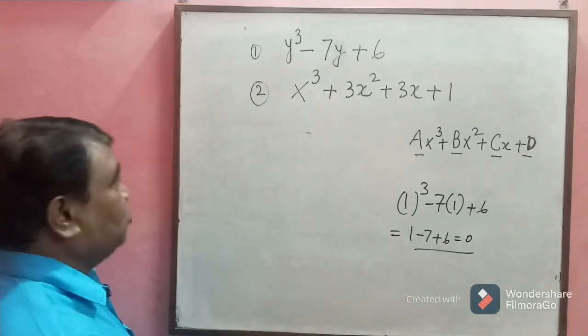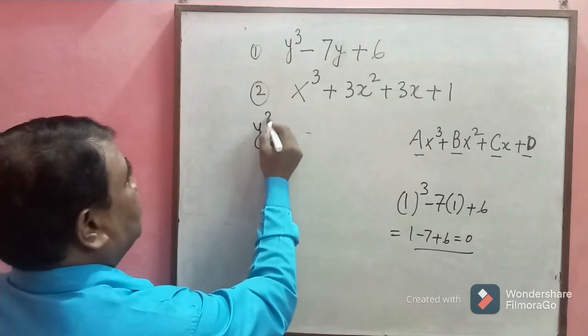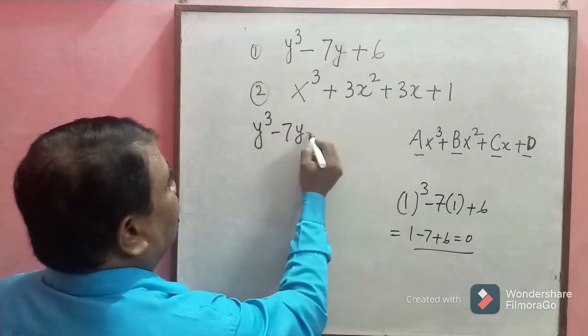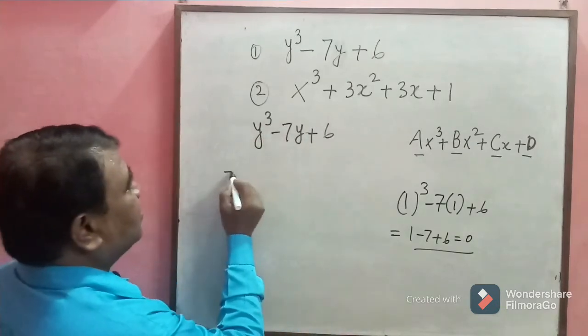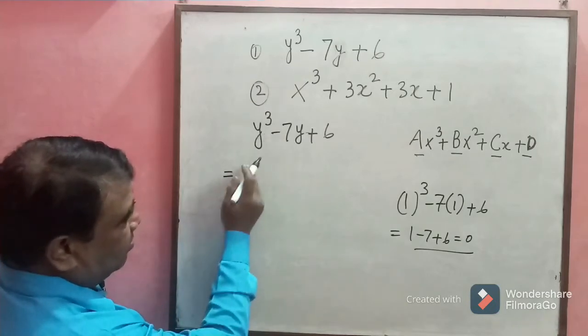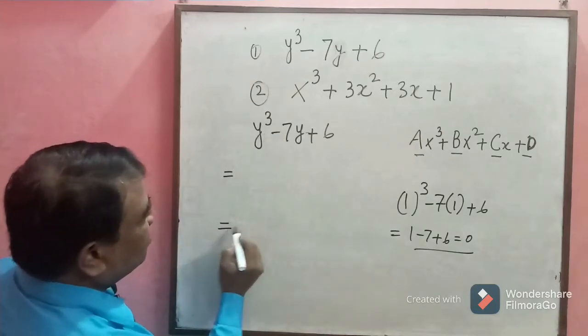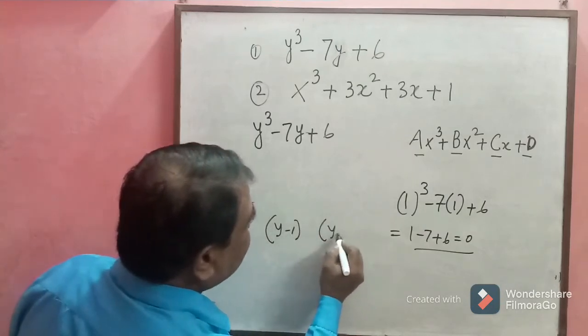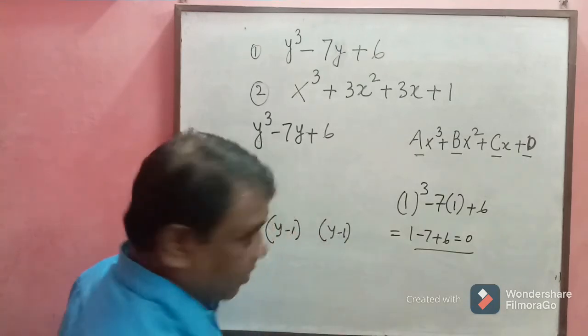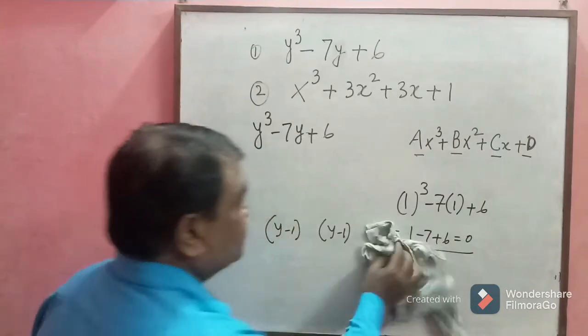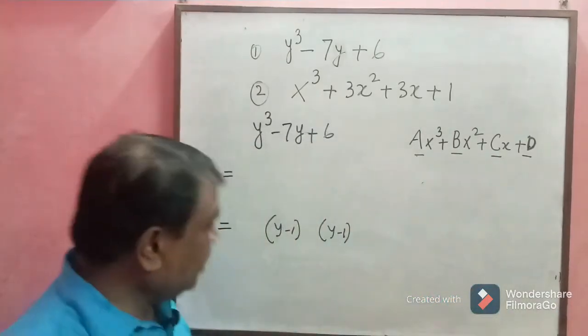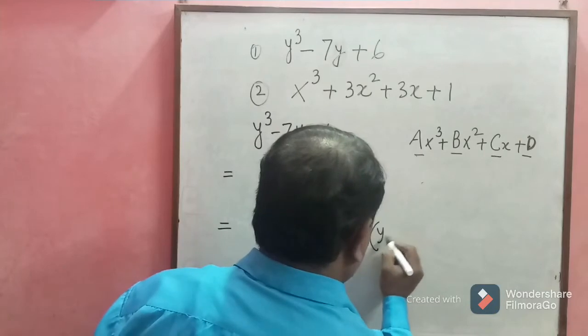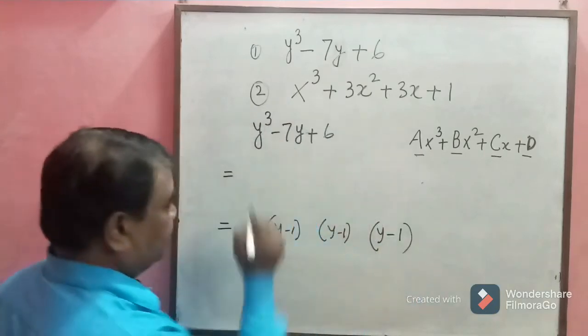Please follow till the end. Plus 6, you leave one line, next you write 3 factors. Once you have come to know y minus 1 is a factor, you write 3 times y minus 1 because this is degree 3.